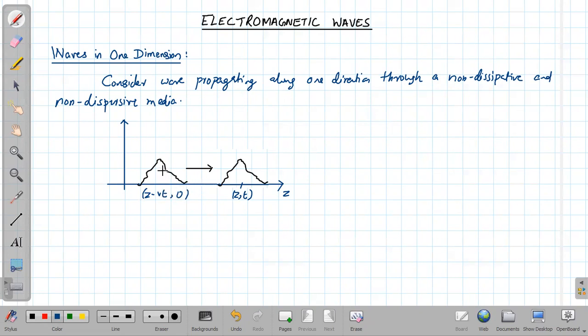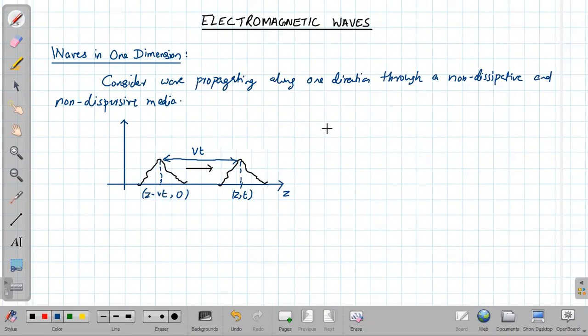Because if the initial time is 0, then the distance traveled within the time t would be equal to vt. So the shape at the location z at the time t would be the same as the shape produced at time 0 at the location z minus vt.